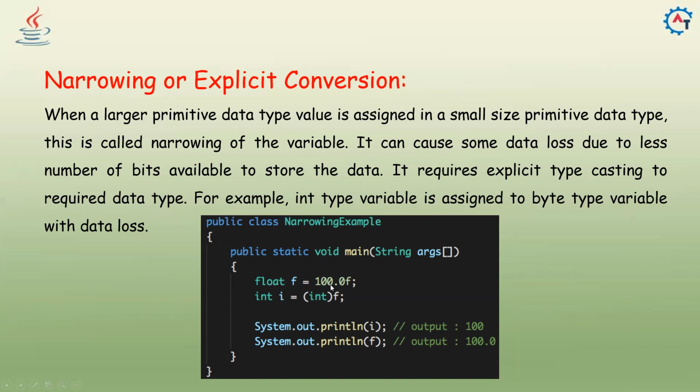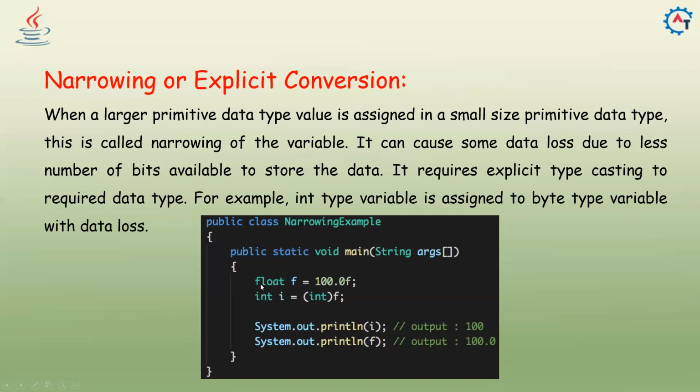See just an example. float f equals 100.0f, right? If I try to put this f into i, what happens? It will not fit. For that, you need to typecast with the help of brackets in front of this value. On the left side we have int, right? The same type you need to mention here. I am converting this into int type. So this is called explicit conversion. You need to mention the same data type here within the brackets.